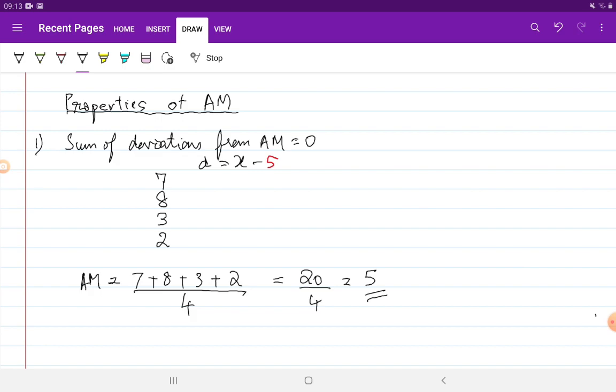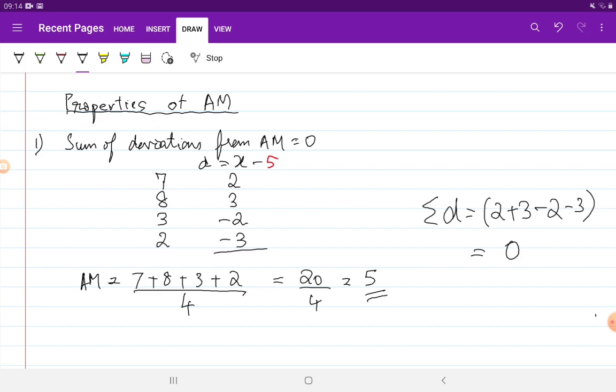So 7 minus 5 is 2, 8 minus 5 is 3, 3 minus 5 is minus 2, and 2 minus 5 is minus 3. Remember, the signs are very important. Now as you can see over here, the summation of deviations is equal to 2 plus 3 minus 2 minus 3, which is equal to 0.